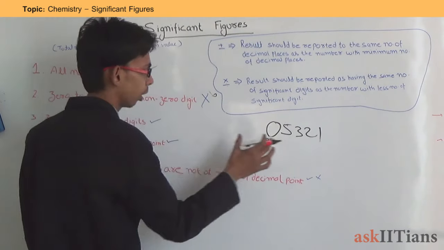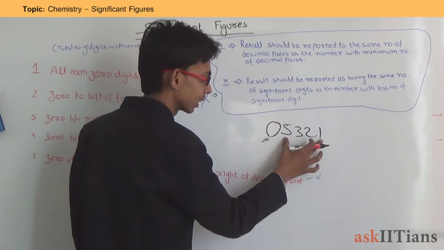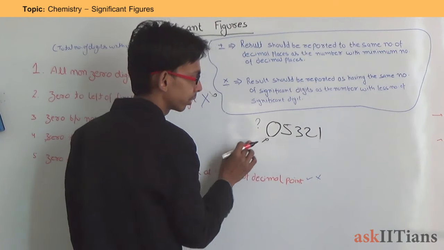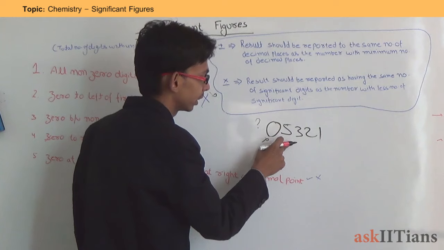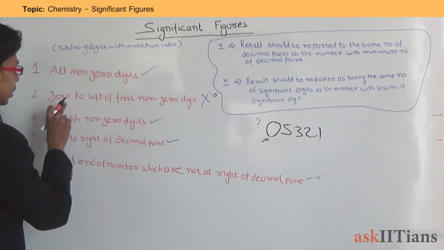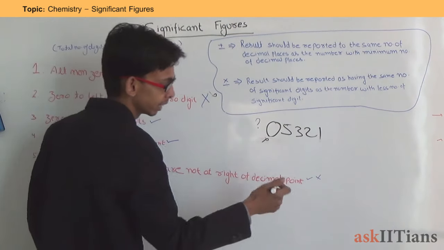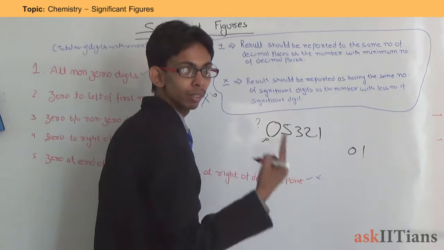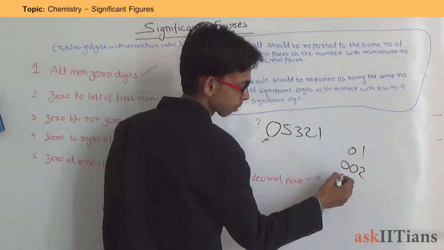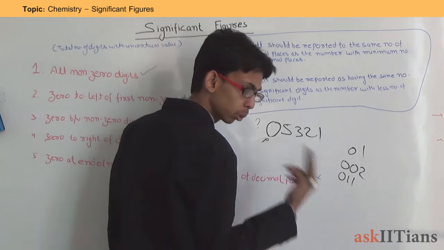According to our first rule, all non-zero digits are significant. That means these 4 are significant. Now the question is about this 0. This 0 is on the left of the first non-zero digit, so this will not be significant according to our second point. Similarly, 0.1 has only one significant figure. 0.02 has one significant figure. 0.11 has two significant figures.